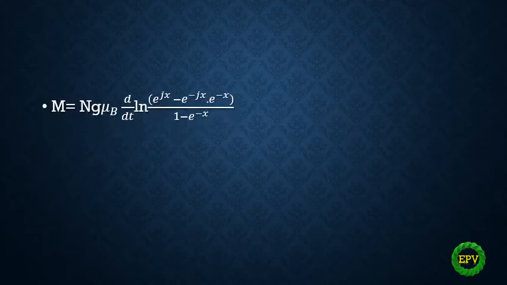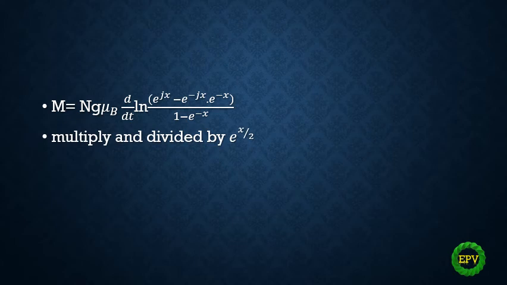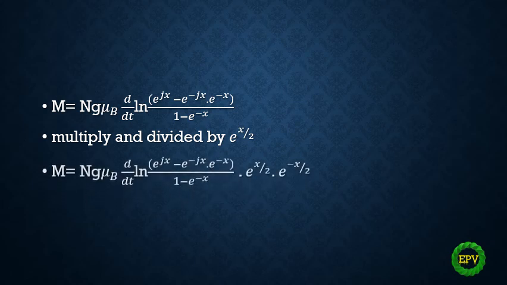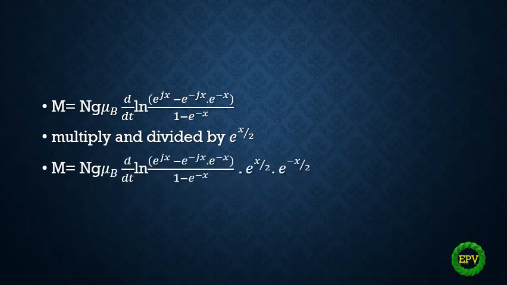Here we multiply e raised to jx inside the bracket, then we get M as n g mu B d by dT of log of e raised to jx minus e raised to minus jx e raised to minus x divided by 1 minus e raised to minus x. Now multiply and divide by e raised to x by 2. Each term in the bracket must be multiplied and divided by e raised to x by 2.